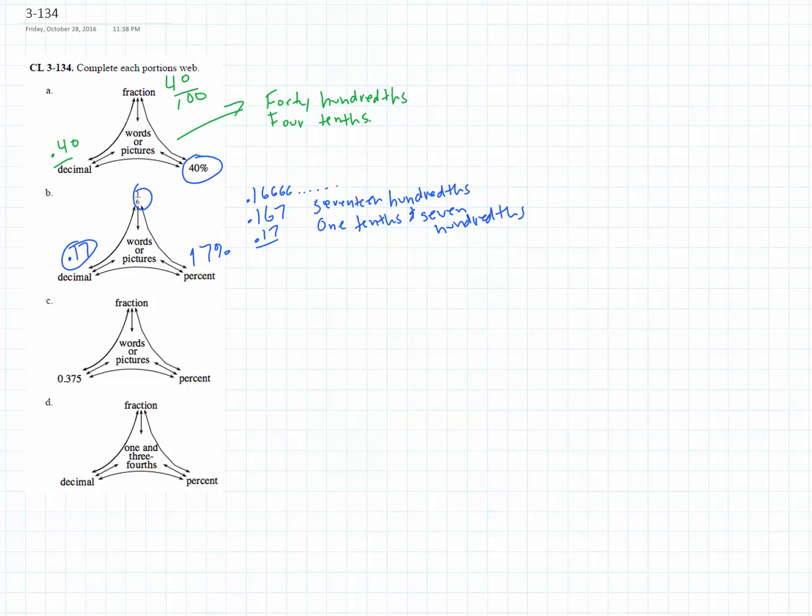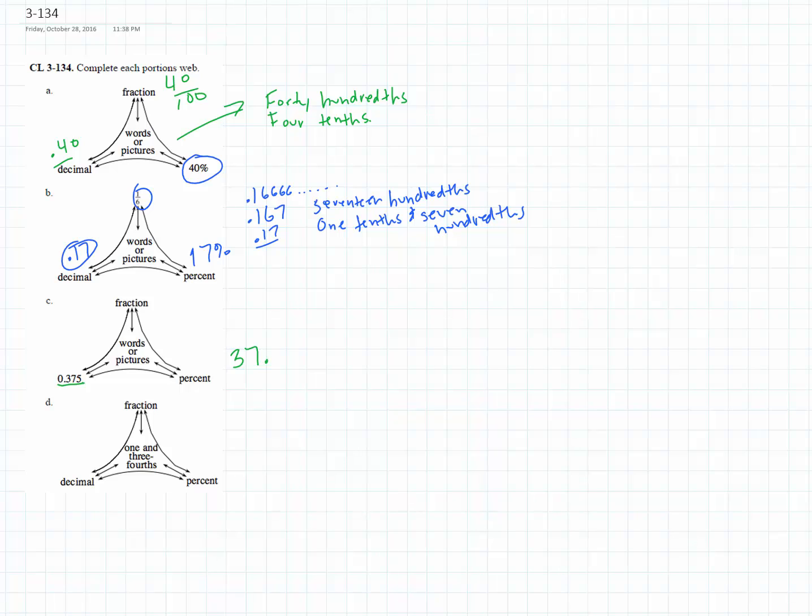Okay, the next one is also a little more difficult. The next one we have is 375 thousandths. So for the percent, we know we're going to have the 3/10, 7 hundredths, and again, this just means another half of a percent.